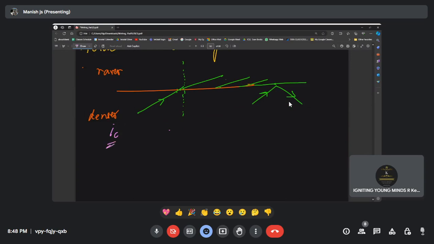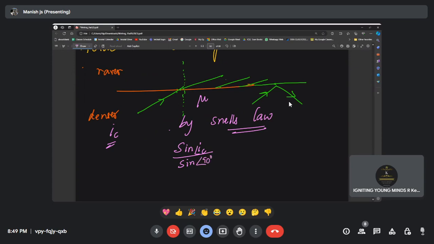The light ray is traveling from one medium to another, so we can apply Snell's law. The refractive index of this denser medium, you take it as mu. By Snell's law, sine I, I'm writing it as sine IC because it is the critical angle, upon sine of the angle of refraction R, which is 90.